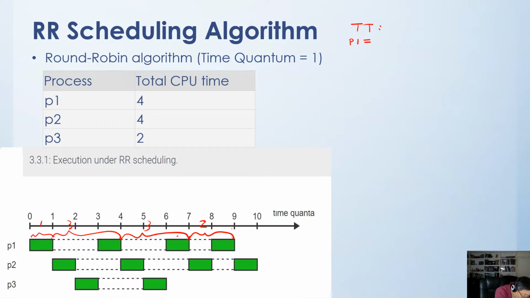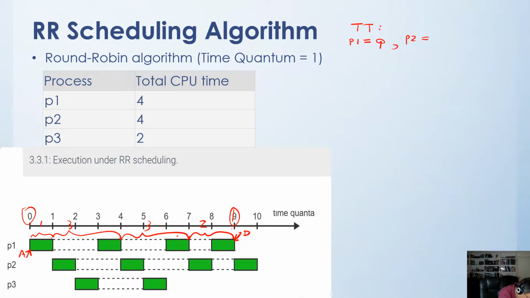Actually, there's an easy way. You can directly count the arrival time and the departure time, right? So that's the arrival time, and that's the departure time. So it's 9 minus 0, because it arrives at 0 and completes the job at 9. So the turnaround time for P1 is 9. Same thing for P2.